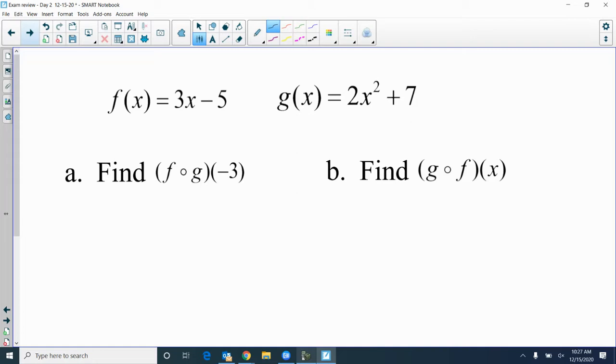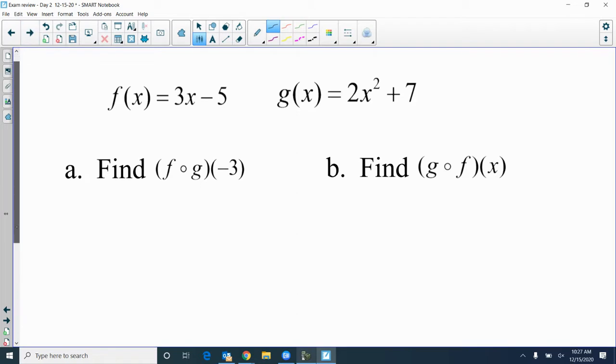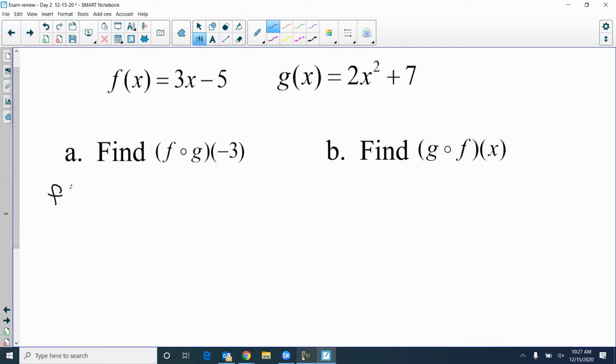Now for f of g of -3, that means you plug in -3 into the g function first. And that's going to be 2 times -3 squared plus 7. And -3 squared is 9. 2 times 9 is 18 plus 7 is 25.